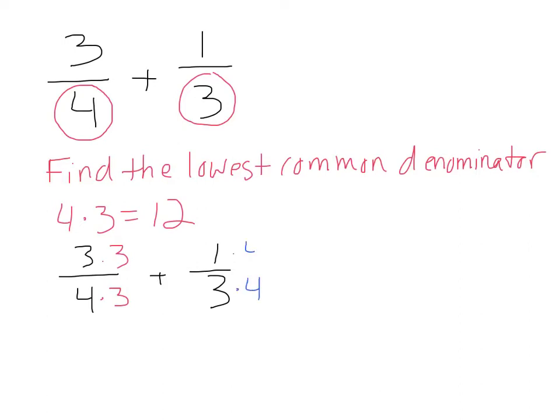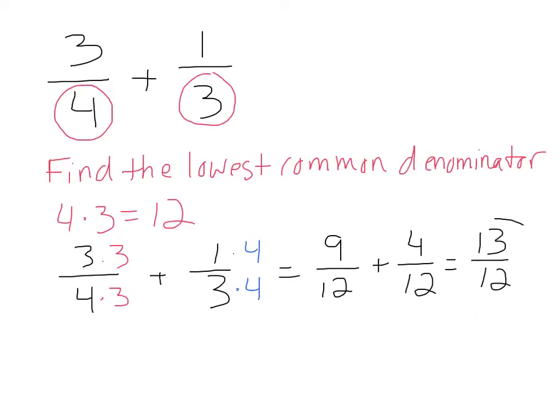I have to multiply top and bottom by 4. So when I simplify this out, I'm going to have 3 times 3, which is 9, over 12, plus 4 over 12. Now my denominators are the same, so I can combine these to be 13 over 12. Now this is a much easier version, but the idea is very similar for rational expressions.